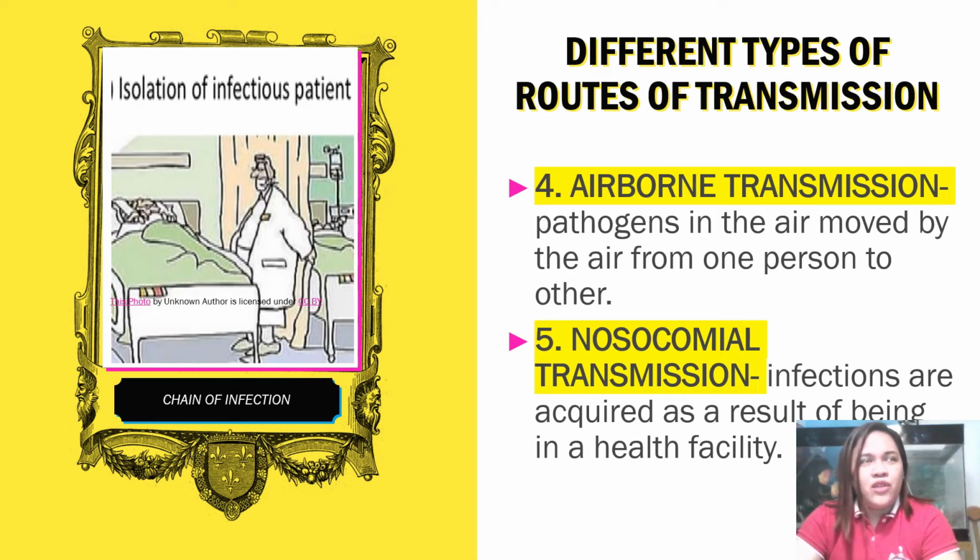You can get a party of microorganisms from there. So please refrain from going to healthcare facilities if you feel weak, because you are a candidate for infection. Okay, you can contract infection.